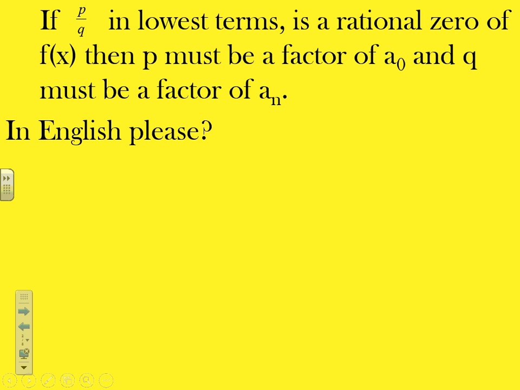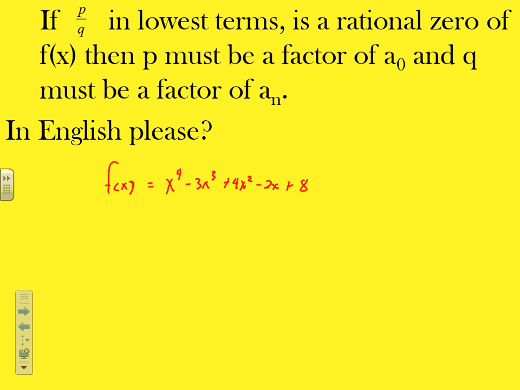So let's say, for instance, we have a function. Let's say we have f of x is equal to x to the fourth minus 3x cubed plus 4x squared minus 2x plus 8.